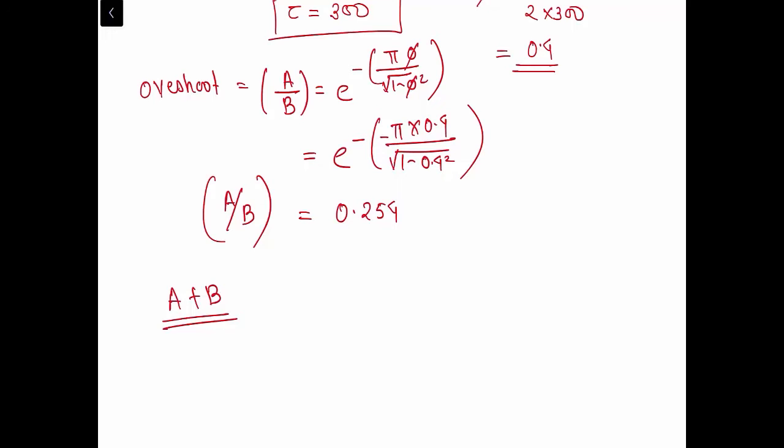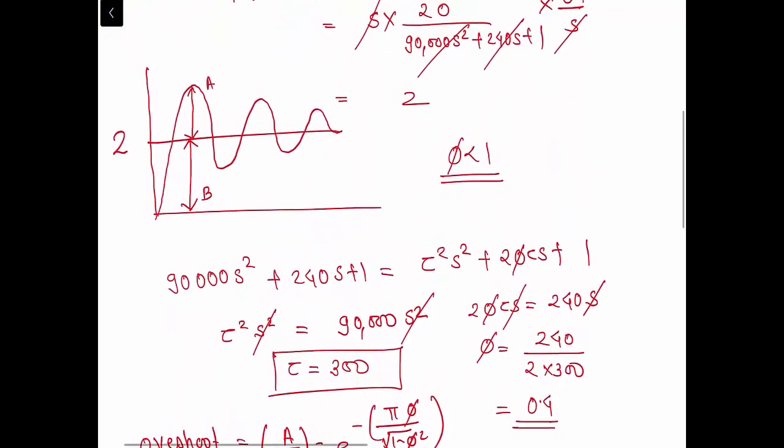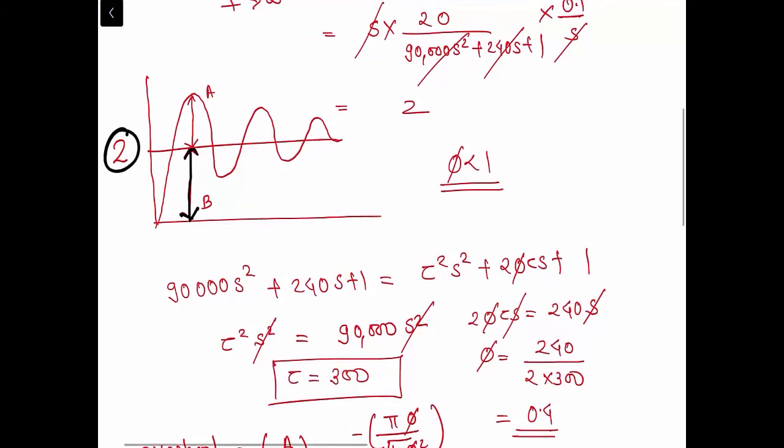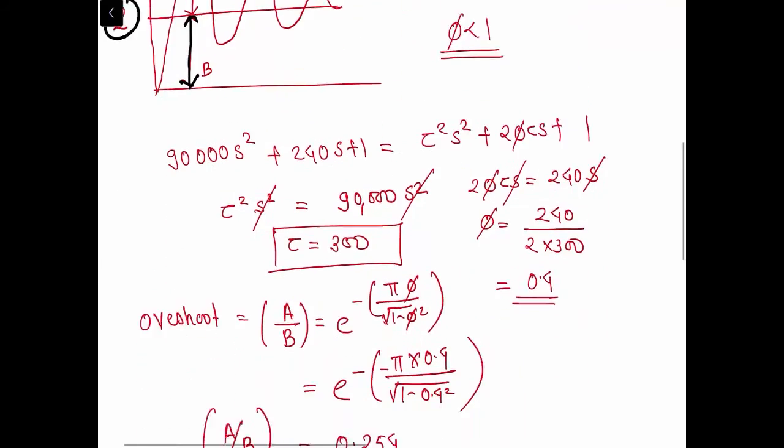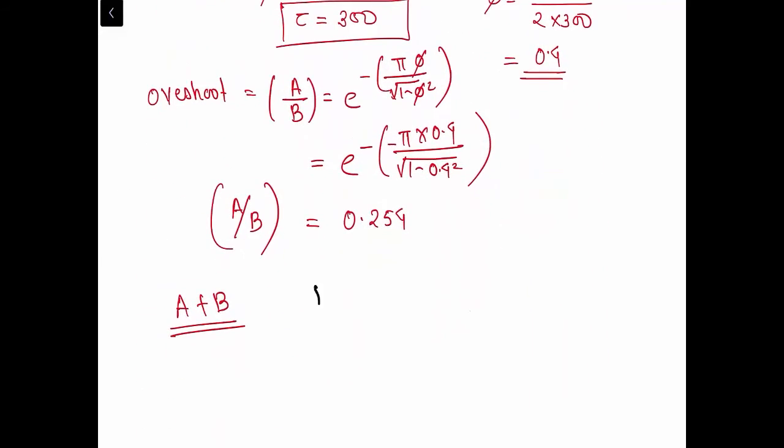We have calculated this b value, and this b value is nothing but y of infinity. Okay, so b is nothing but y of infinity equals 2.